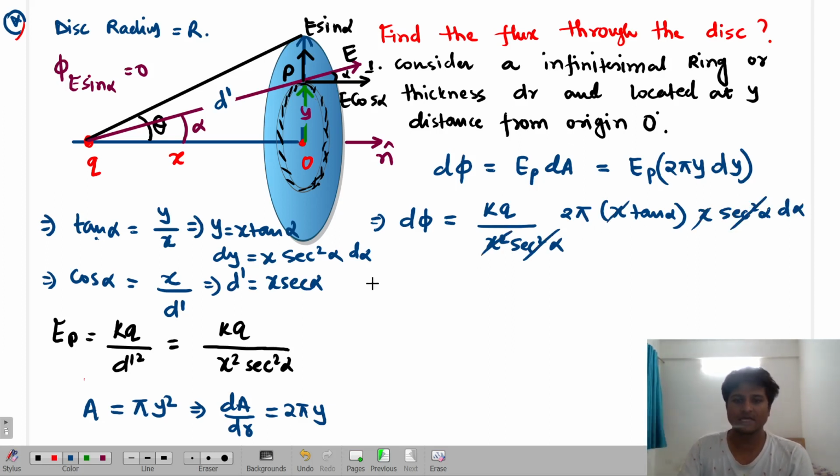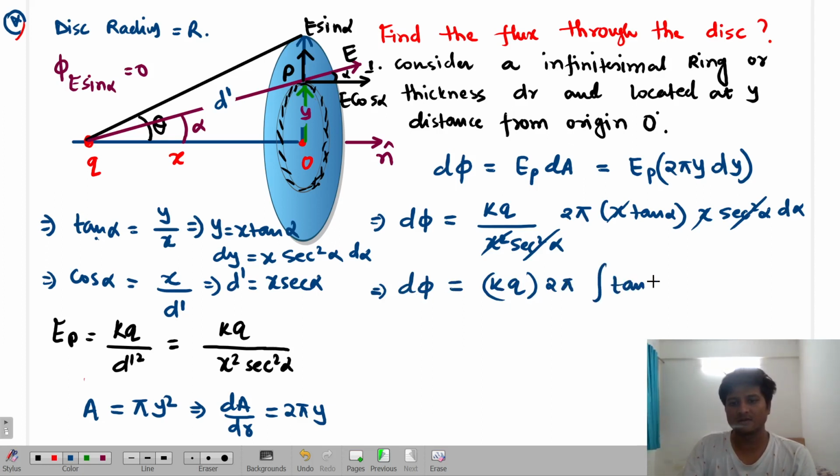X got cancelled. This implies d phi is equal to kq into 2 pi integral of tan alpha d alpha. Got it or not? Is that clear?